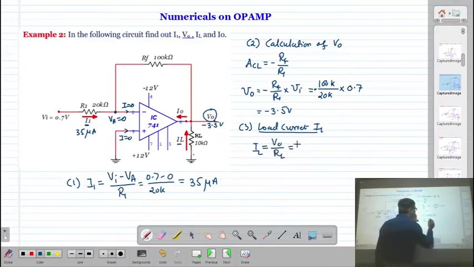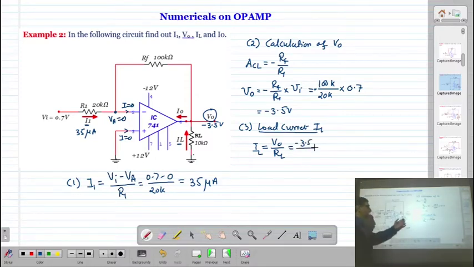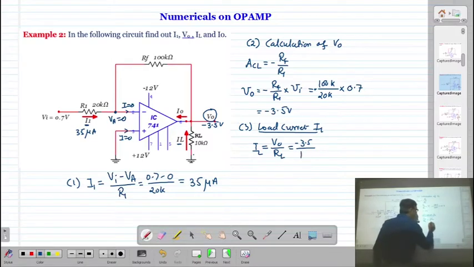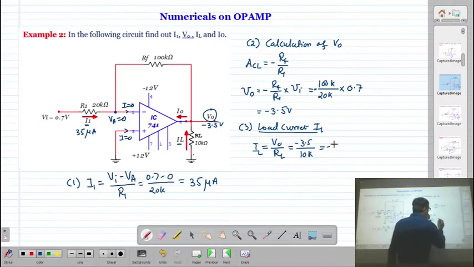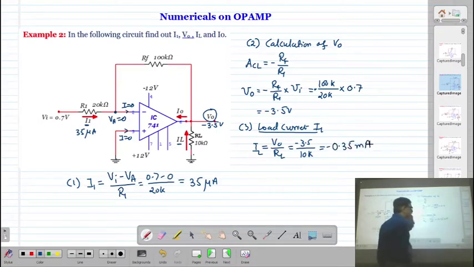VO is minus 3.5 volt and the load resistance is given as 10 kilo ohm. With 10 raised to minus 3, it will be in milliampere, 3.5 divided by 10. So it is minus 0.35 milliampere.